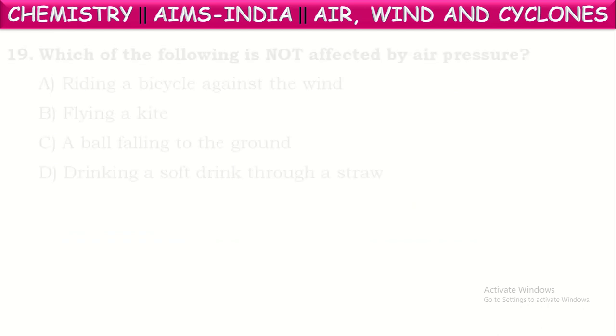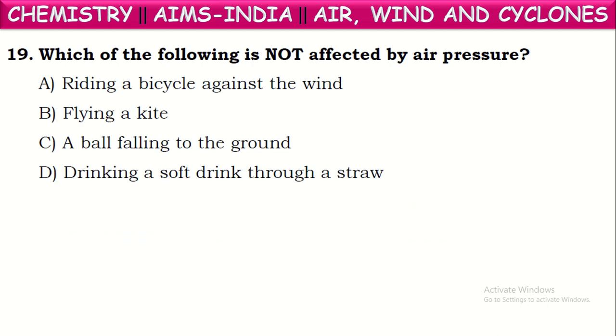Next one. Which of the following is not affected by air pressure? See here, riding a bicycle against wind. Yes, we face a high wind pressure. We feel it very difficult while riding the cycle in the direction opposite to the wind. So there air pressure is affecting.